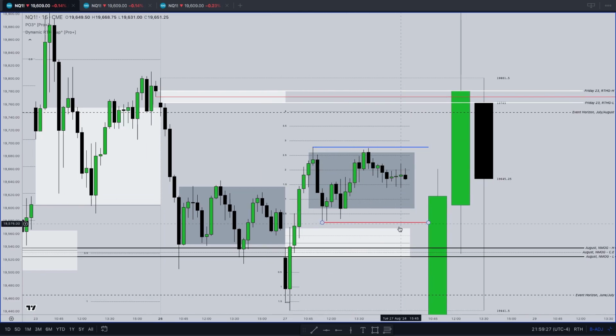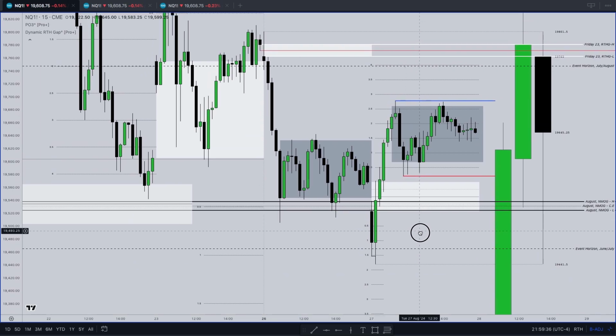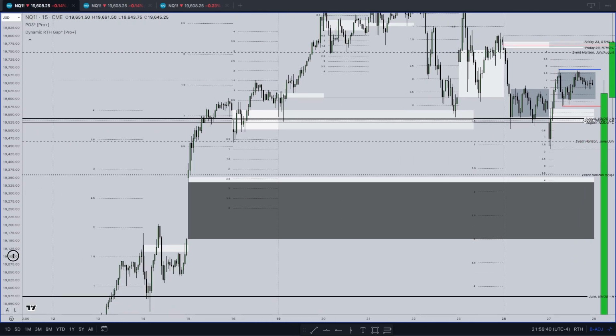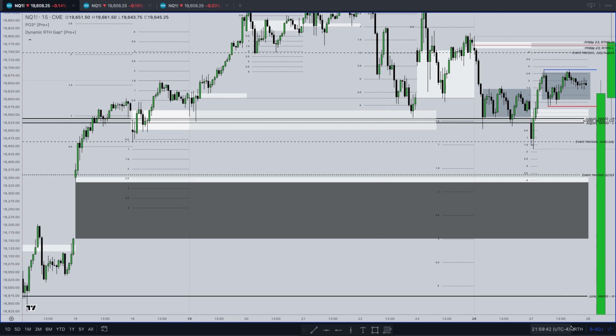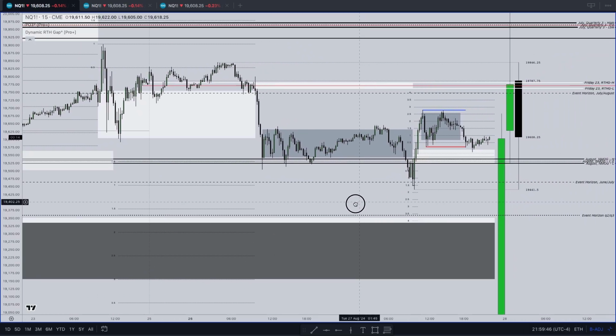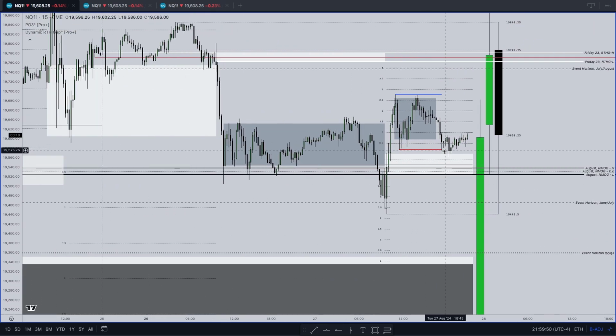We close on this range, and we are inside these 2 gaps. I don't know what electronic trading hours is doing. Let's see. Don't trust this.